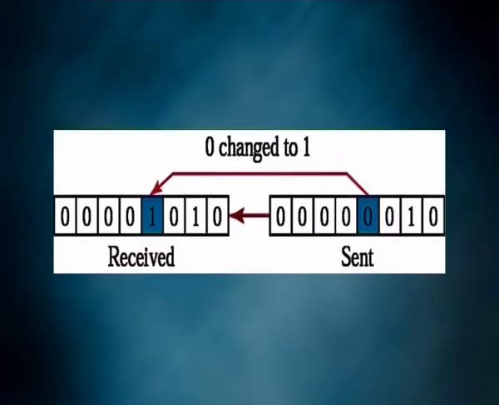There are two types of errors, single bit error and burst error. The term single bit error means that only one bit of the data unit was changed from 1 to 0 or 0 to 1. In the figure shown, a 0 bit is changed into 1.